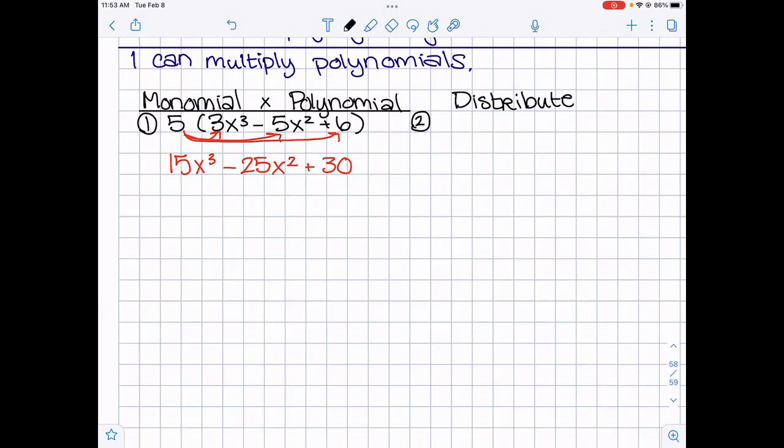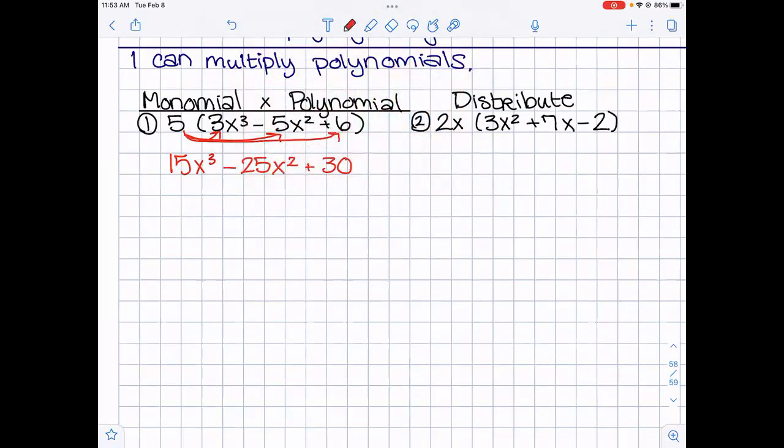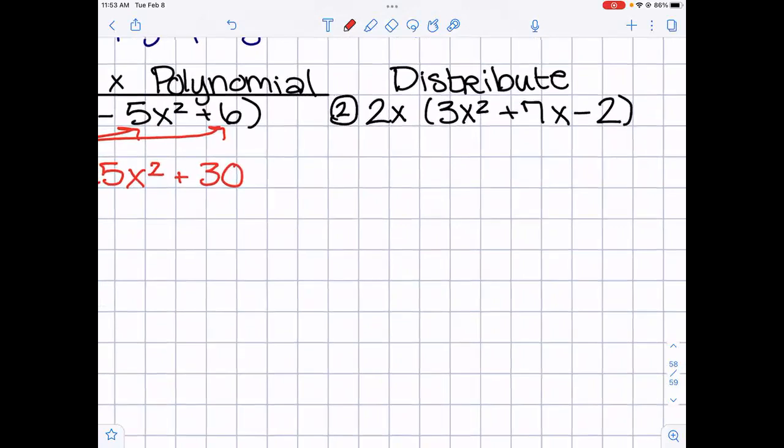Okay, so let's try another one. 2x times 3x squared plus 7x minus 2. Okay, this one is a little bit more complicated because there is an x, right?